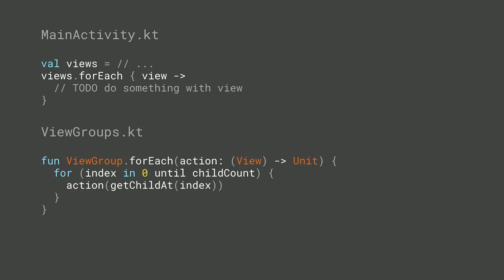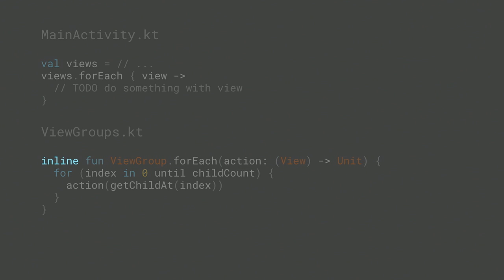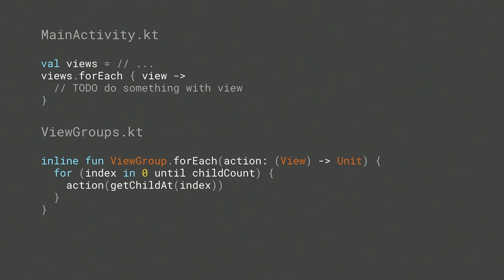What we can actually do is mark this as being an inline function. This wasn't mentioned by Hadi. What it does is it basically takes the implementation of this method and inlines it into the call site. And because the code has been moved, you no longer have to create that anonymous class. And so this method essentially becomes free to use.